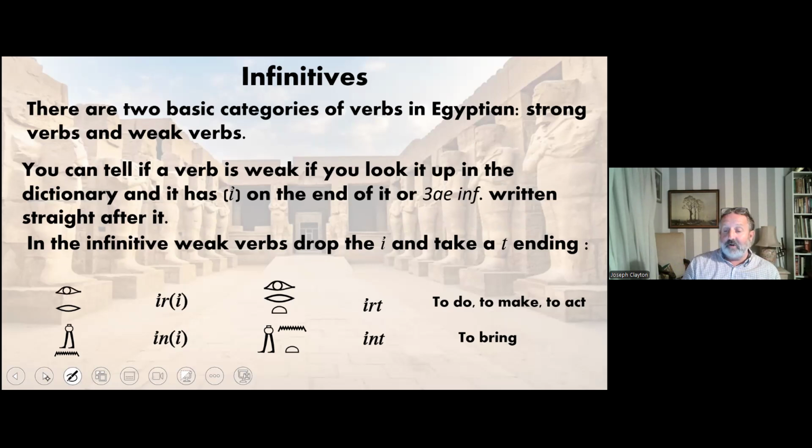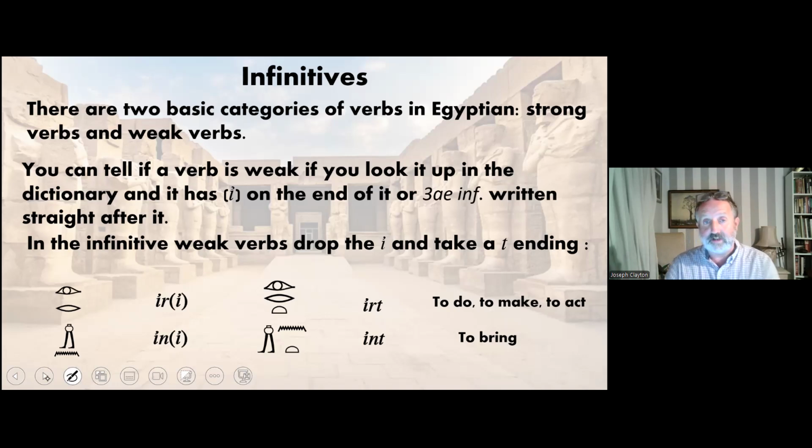You can tell if a verb is weak if you look it up in the dictionary and it has i on the end of it in brackets, or 3ae inf, which is the abbreviation for tertiae infirmae, for those of you who know Latin, which literally means "of the third weak," belonging to the category where the third radical is weak. Best just to call it a weak verb.